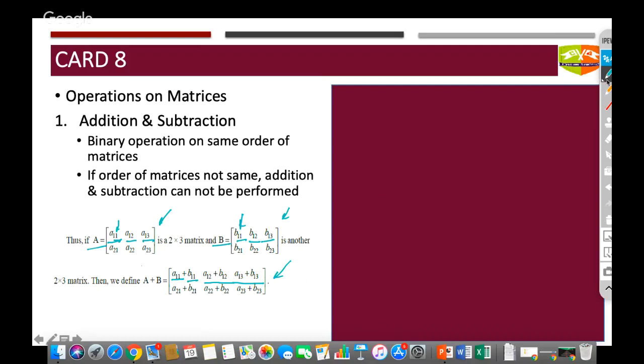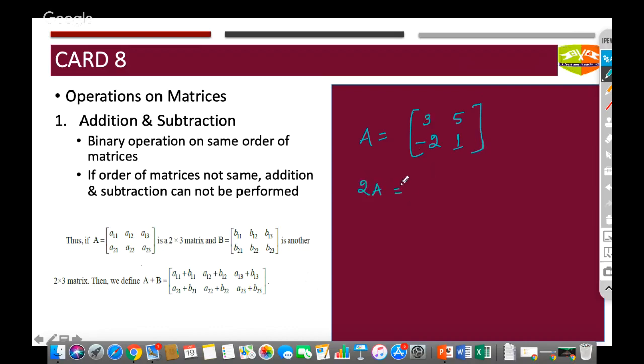Now here only I will teach you the scalar product of a matrix. What do I mean by that? Suppose I am writing a 2 into 2 matrix. Suppose A is equal to 3, 5, minus 2, 1. And I have to find out 2A.